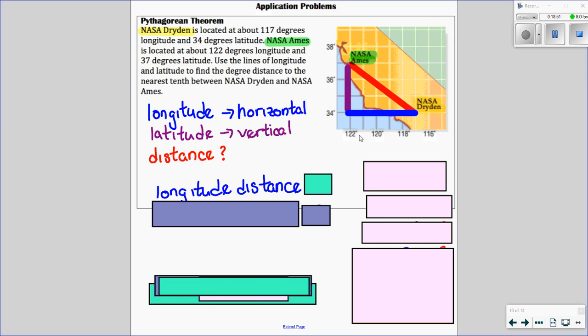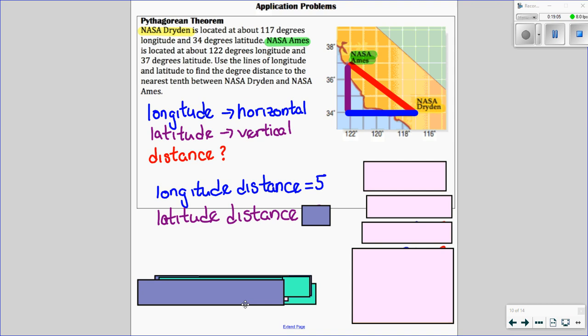We're counting based on the degrees that are on this map. So from 122 to 117, that would be 5. And then the latitude from 34 to 37 will give us 3. So we have the two legs. Since we have the two legs, we can find the hypotenuse, the degree distance from NASA Ames to NASA Dryden.